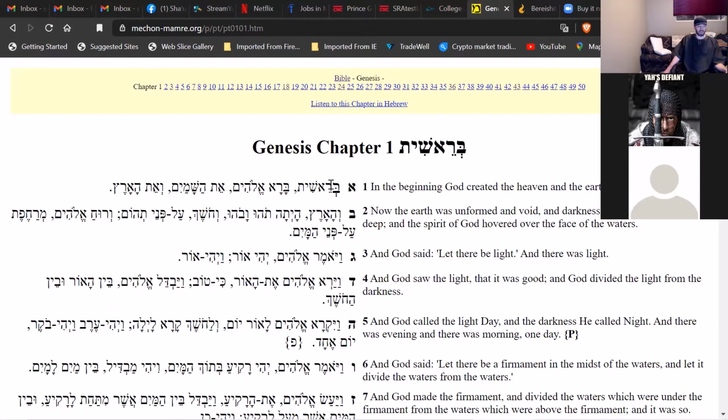So I should have started. Letter bait. The very first word is your prefix for in, and your root word rashid. Rash, al, shin, which in itself is also a word meaning for the head. The head is the first for the beginning. With the yod and tau, you have the actual word for beginning. So the bait is for in.